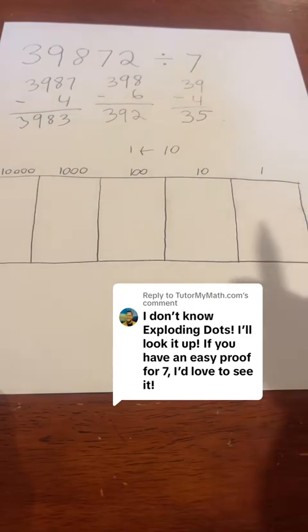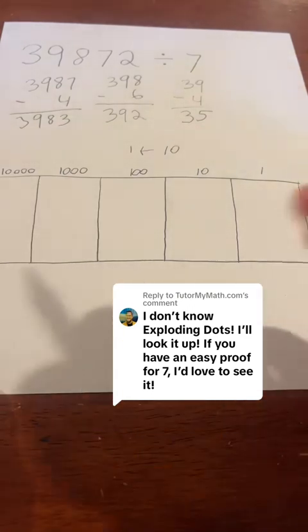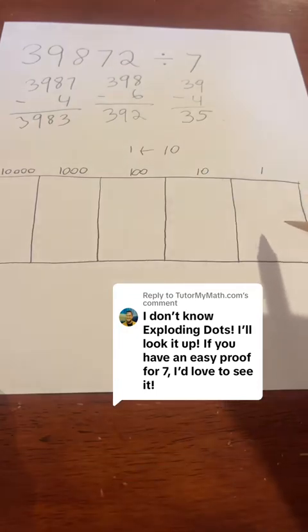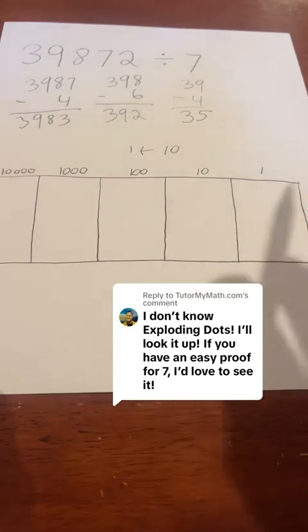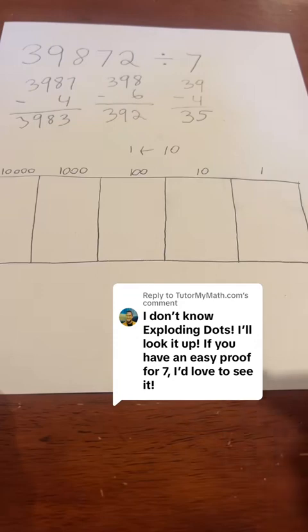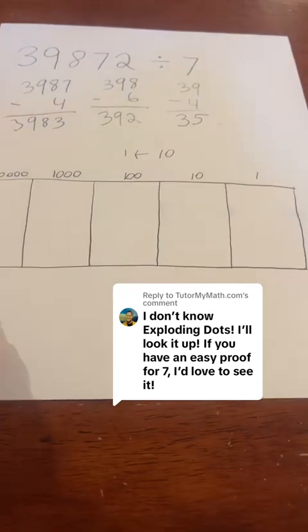But wait a minute, we could do a 2-to-1 machine. Same exact machine, but now whenever there's 2 dots in a box, they explode and become 1 dot, 1 space to the left. We can count forever in a 2-to-1 machine and get codes for numbers, or we can do a 3-to-1 machine or a 4-to-1 machine, or whatever kind of machine we like.